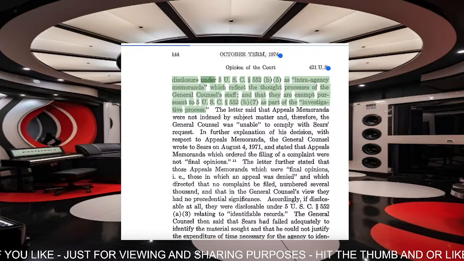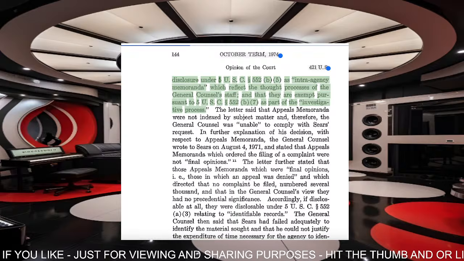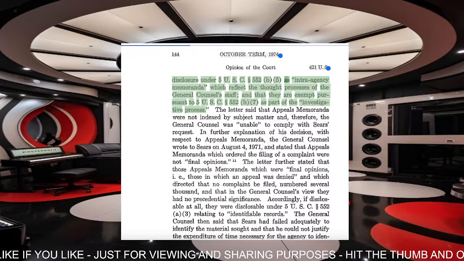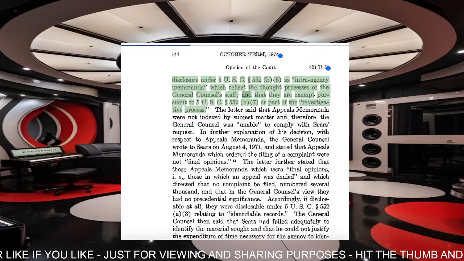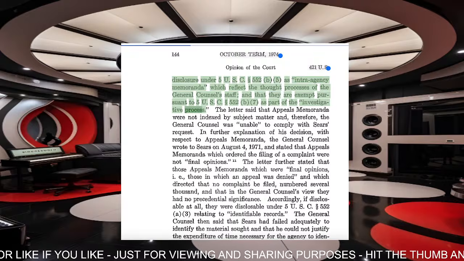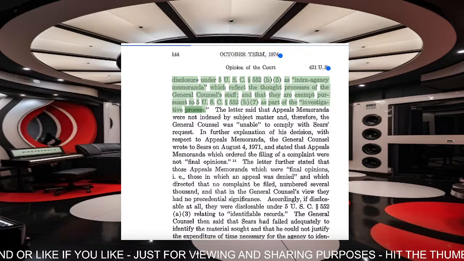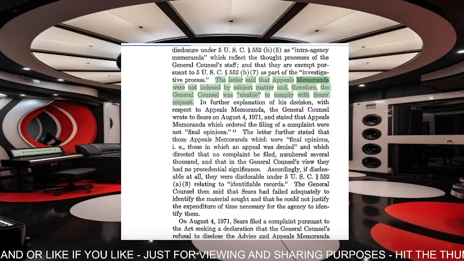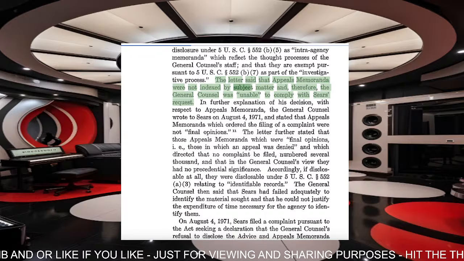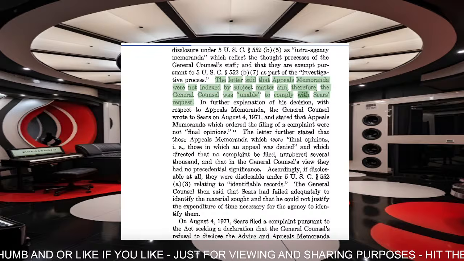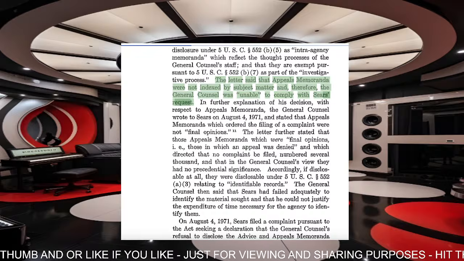Disclosure under 5 U.S.C. 552 as intra-agency memoranda, which reflect the thought processes of the General Counsel's staff, and that they are exempt pursuant to 5 U.S.C. 552 as part of the investigative process. The letter said that appeals memoranda were not indexed by subject matter, and therefore the General Counsel was unable to comply with Sears' request.